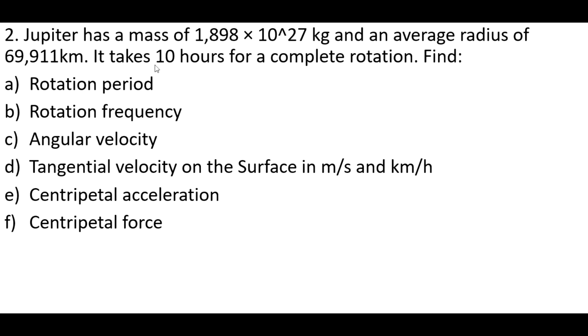And it takes around 10 hours for a complete rotation on its own axis. So we need to find the rotation period, the rotation frequency, the angular velocity, the tangential velocity on the surface in meters per second and kilometers per hour, centripetal acceleration and centripetal force.